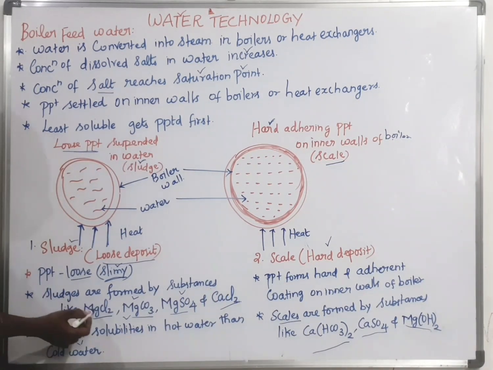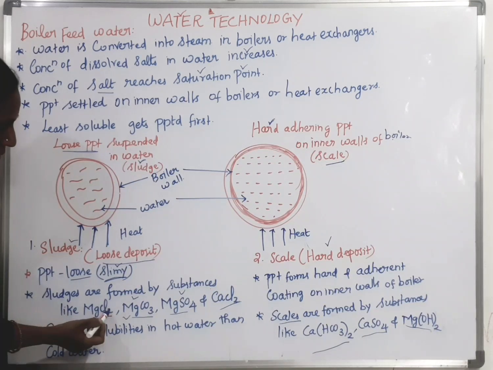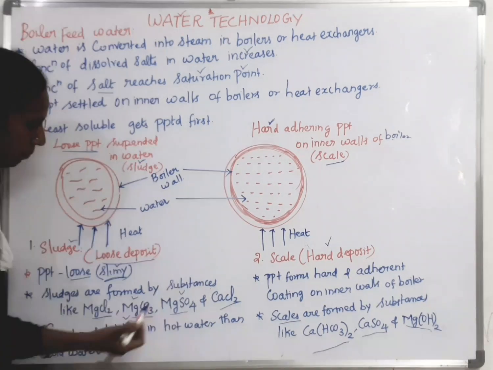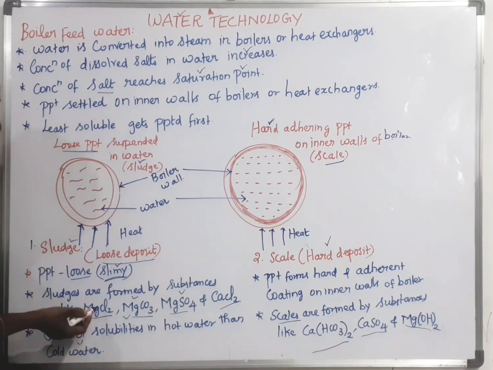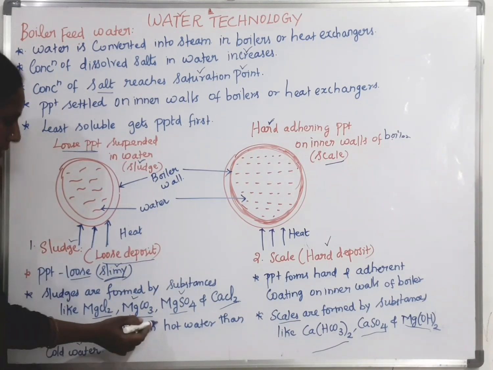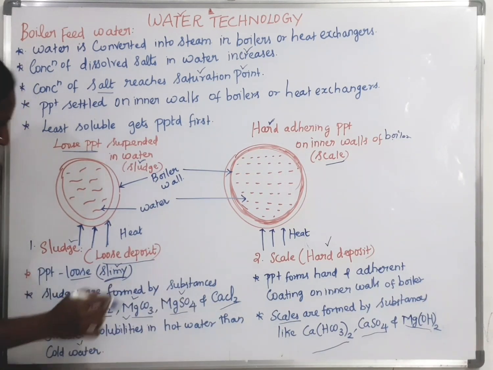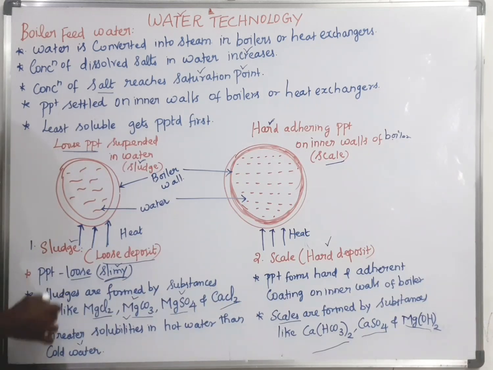So these are chlorides of magnesium and calcium, carbonates of magnesium, and sulfates of magnesium. These are the substances which form the sludges. Sludge has greater solubility in hot water than in cold water.